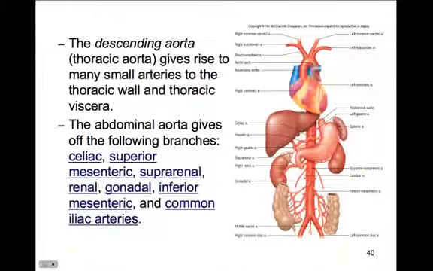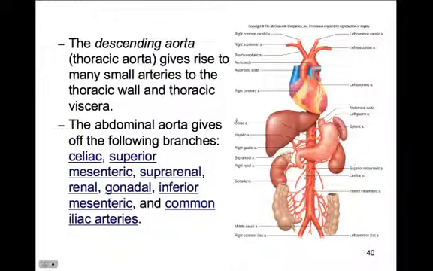As the aorta descends through the thoracic cavity, it gives rise to many smaller arteries that supply the thoracic wall and the thoracic viscera. We won't be naming all of these. However, once the aorta descends into the abdominal cavity, it gives rise to the following branches.